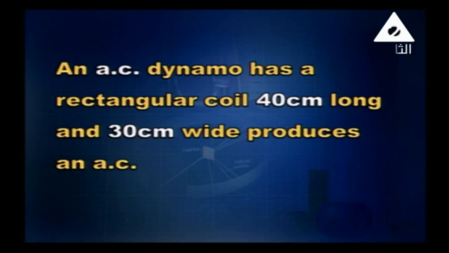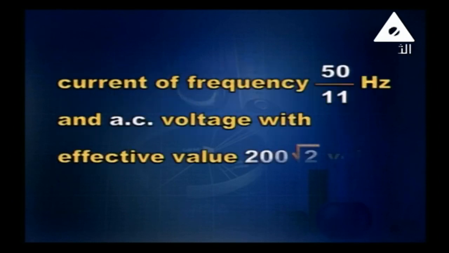An AC dynamo has a rectangular coil 40 centimeters long and 30 centimeters wide, produces an AC current of frequency 50/11 hertz and an AC voltage with effective value 200 times square root 2 volt.